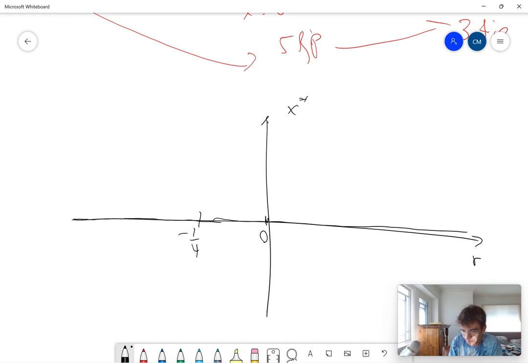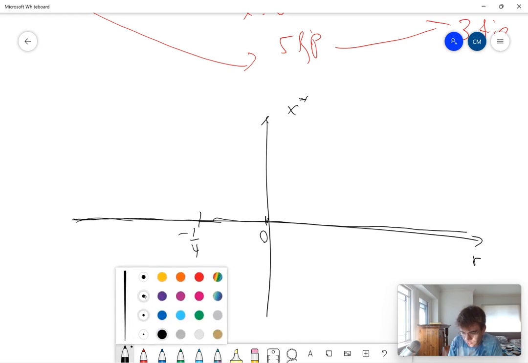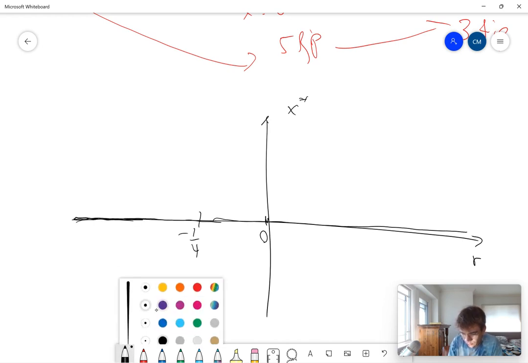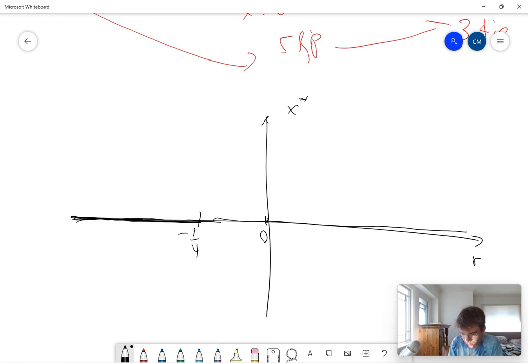So I'll just draw a line here along the origin. A bit bigger. Okay. And then at negative 1/4, we're actually going to get 2 saddle node bifurcations, okay? And so fixed points are going to be born out of thin air.